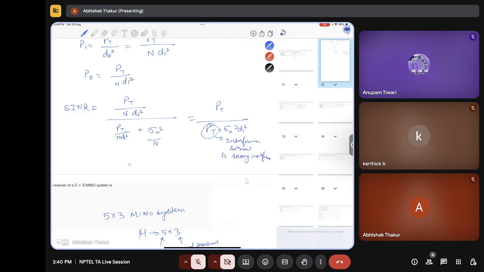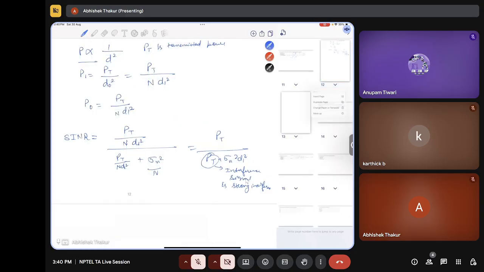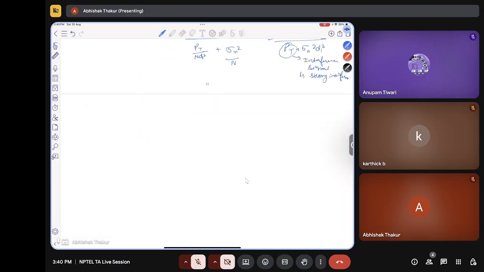So to avoid this near far problem, what we have to do is the same thing we have discussed here. This is a near far problem. If we allocate the same power PT, then there will be a strong interference to the signal which is nearby.